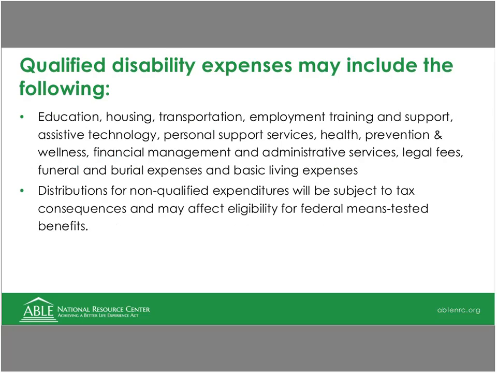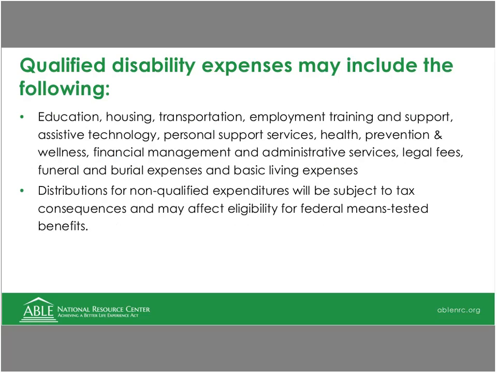The next slide shows you some of the categories that have been laid out by Congress that these qualified disability-related expenses could fall under. Again, as you can see there, it's a pretty long list and can be broadly construed.